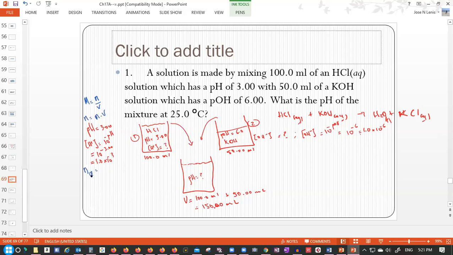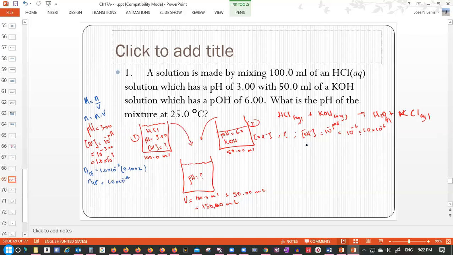That's what I'm going to use here. So the number of moles of H plus equals molarity, which is 1.0 times 10 to the negative 3, times the volume. And what is the volume here? 100 mLs. But remember, we need to use liters. So it's going to be 0.100 liters. So the number of moles of H plus equals 1.0 times 10 to the negative 4.